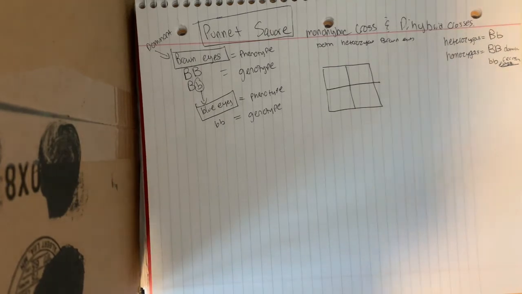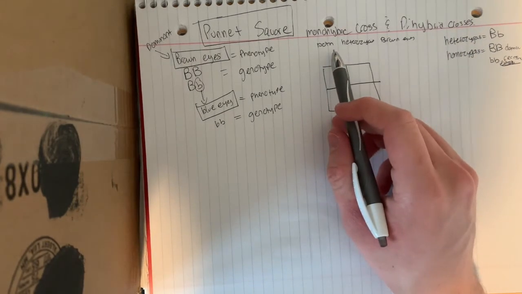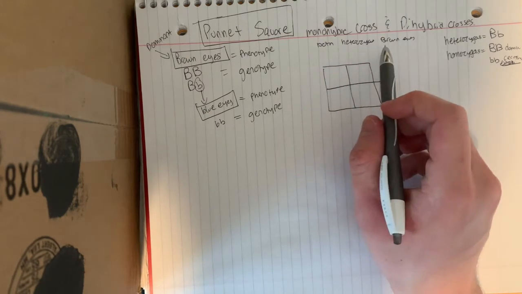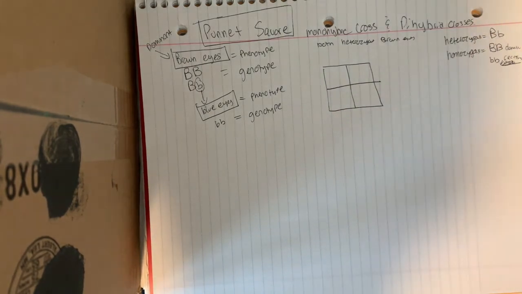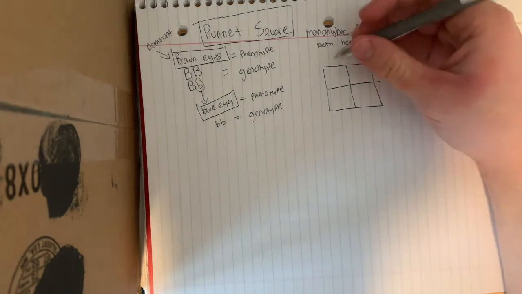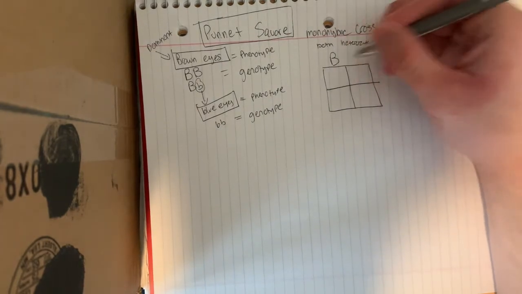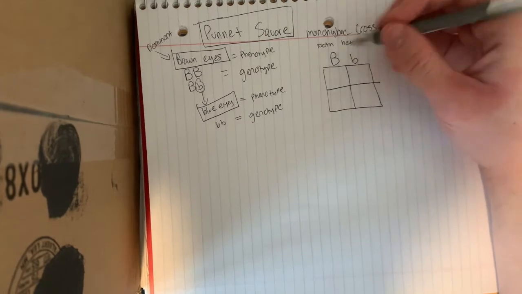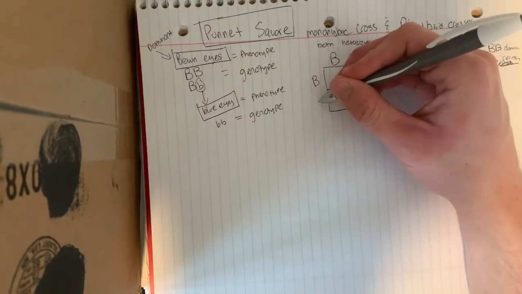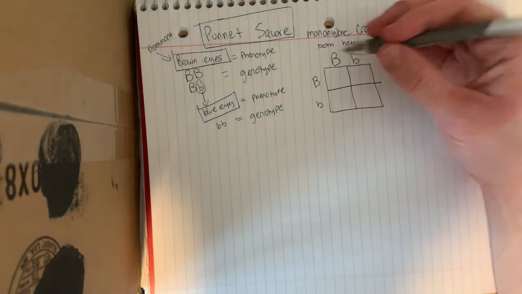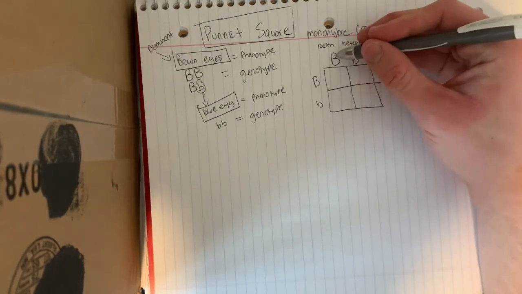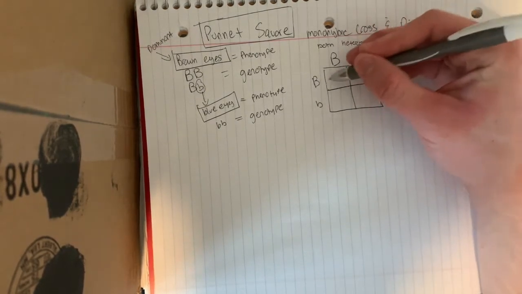Recessive. Okay, so if we are trying to cross someone whose both parents are heterozygous for brown eyes, and we want to see what the chances are that their children will have brown eyes, we're going to put a big B and little b there. That's one parent. And a big B and little b here. Now, to fill out a Punnett square, you just add whatever's in the parent spot to the boxes.